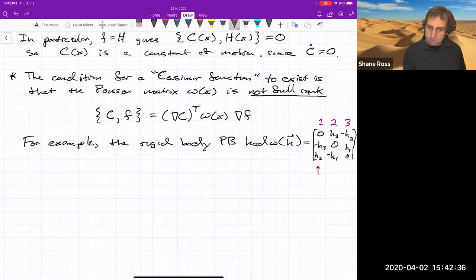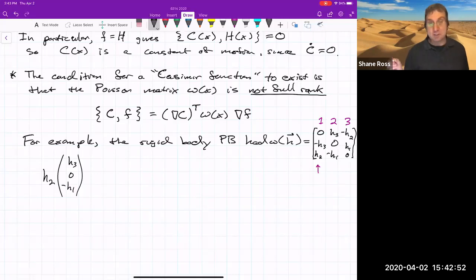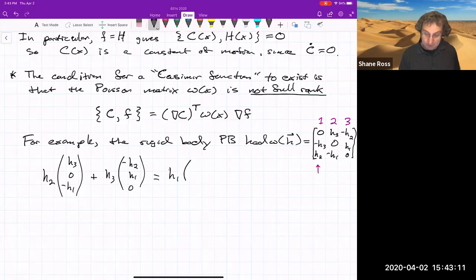So if we take column 2 and multiply it by a scalar, h2, and then add column 3 multiplied by the scalar h3, well, what does that give me? Just working this out, I'll get a scalar h1 times column 1.